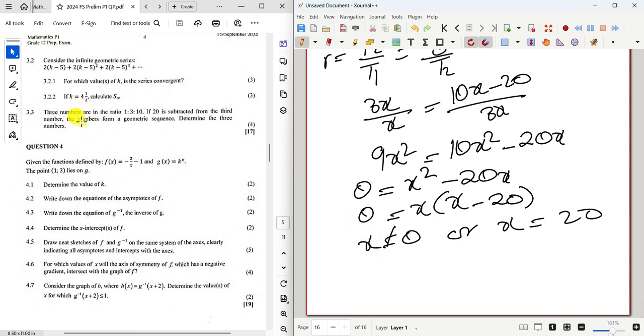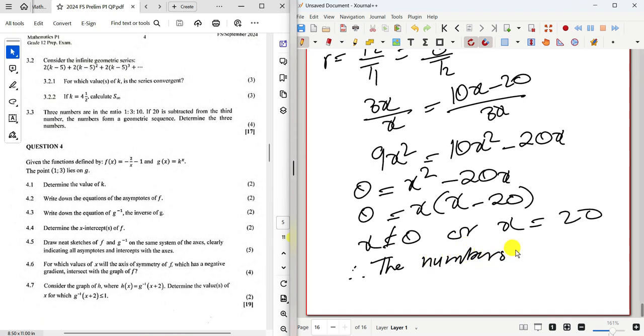Now, remember, they say the numbers are in this ratio, and if 20 is subtracted from the third, the numbers form a geometric series. Determine the three numbers. Therefore the three numbers are: term 1, remember it was merely x, so it'll be 20.